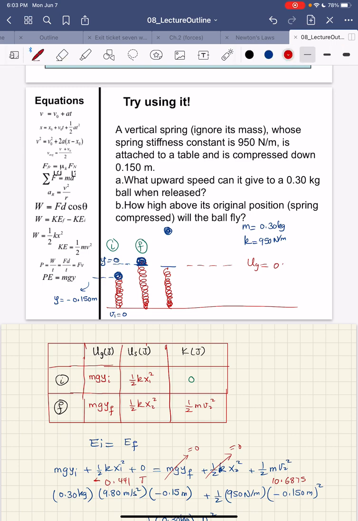And this is the reason I considered my yi here to be negative 0.150, because it is below my reference. My final, for part A, is going to be when that ball reaches y equals 0, okay, then the spring is not compressed or stretched at all, and all the elastic potential energy that was initially stored is converted into kinetic energy.